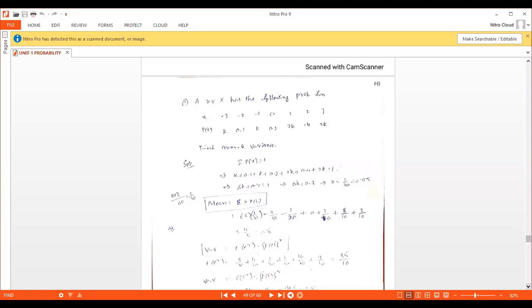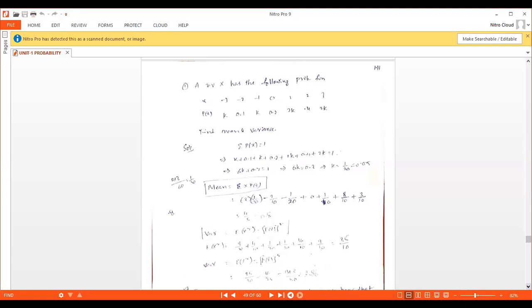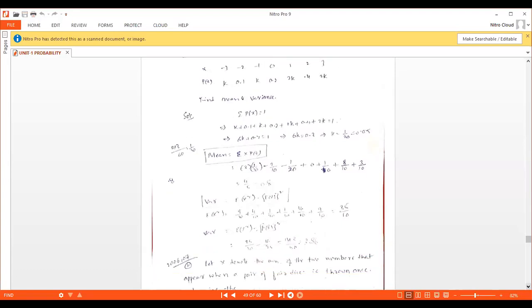So for discrete random variable, mean formula is sigma x into p of x. Substitute all the values. You can take this one as homework. Mean is 0.8. Variance is 2.86.